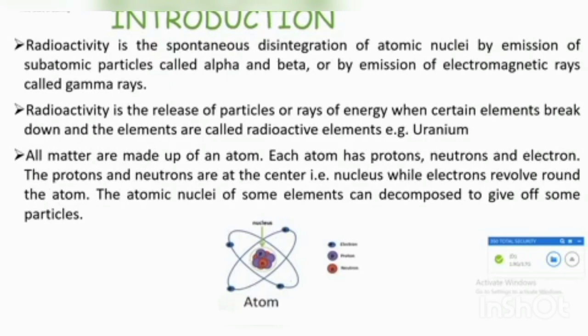Atoms are really small, but each atom of an element is made up of even smaller subatomic particles. These are the proton, neutron, and electron of the atom. The nuclei of certain elements are not stable.